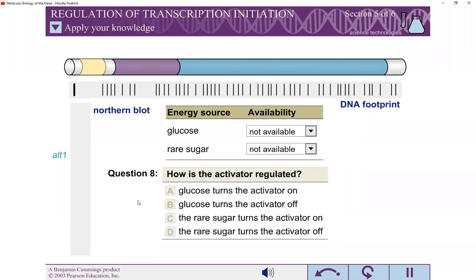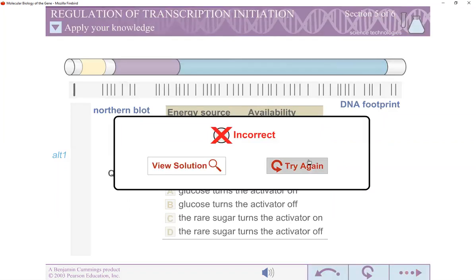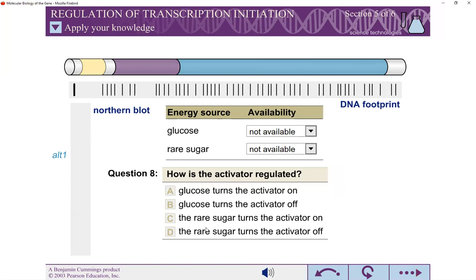Question 8. How is the activator regulated? The activator will be regulated when the rare sugar turns the activator on. Incorrect. The rare sugar will turn the activator on, and glucose turns the activator off.